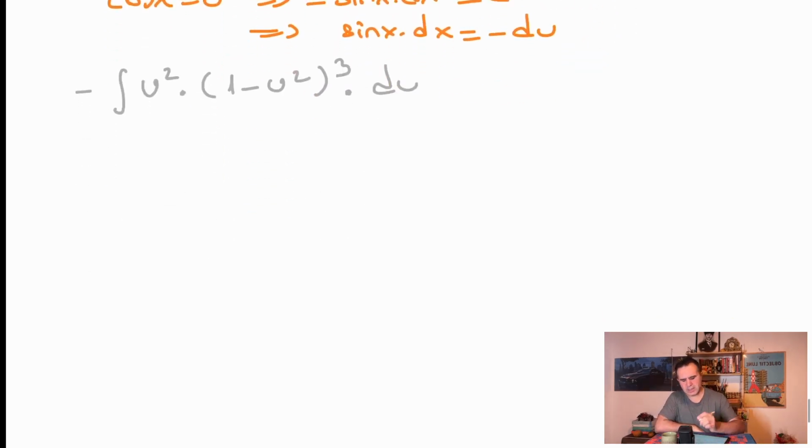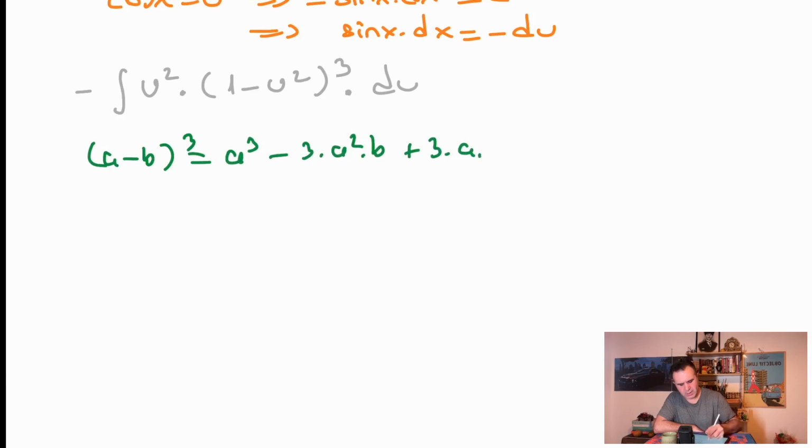Now, we know that a minus b cubed is a cubed minus 3 times a squared b plus 3 times a times b squared minus b cubed. Now we have the cube of 1 minus u square. We will take 1 as a and u square as b.